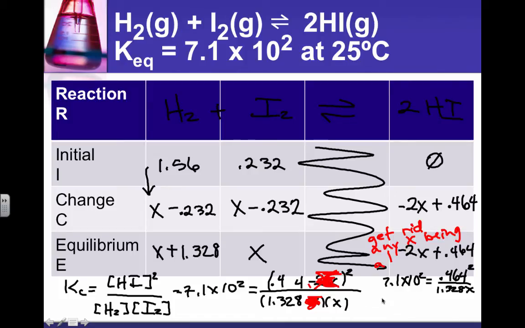Manipulate your equation, rearrange things, and I ended up getting x equals 2.8 times 10 to the minus 4. So go back and check the math, but what we find is that indeed the value of x is so small that it's like 4 decimal places in, and we don't have that many decimal places to be able to measure. Such a tiny amount that it's not going to change the values we've been working with.